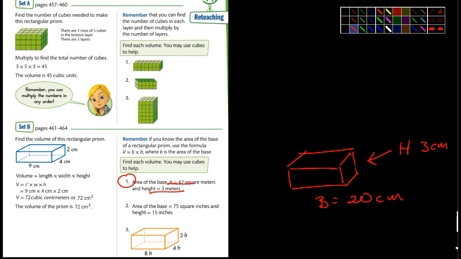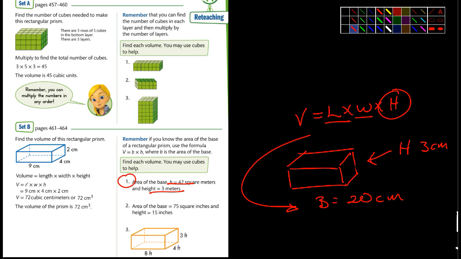So volume, you guys have learned, is length times width times height. Well, if you have the length and the width, which is essentially the base, then all you have to do is multiply it by the height.